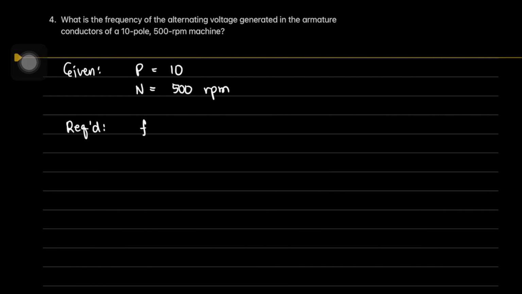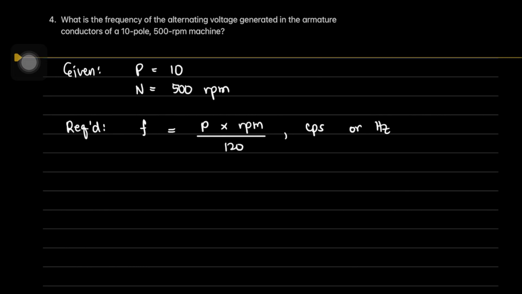So the frequency of the alternating voltage can be computed by the formula P times the RPM over 120. And this is in terms of cycles per second, or basically in terms of hertz.